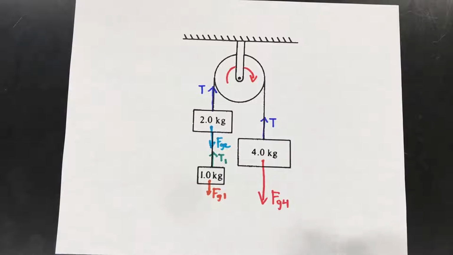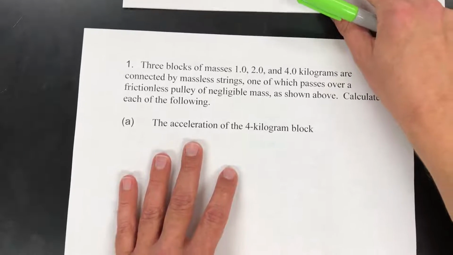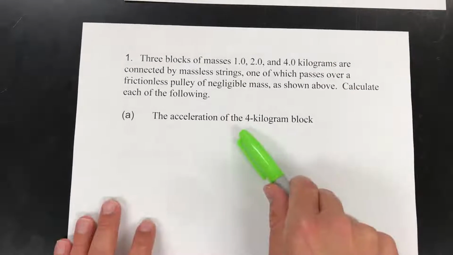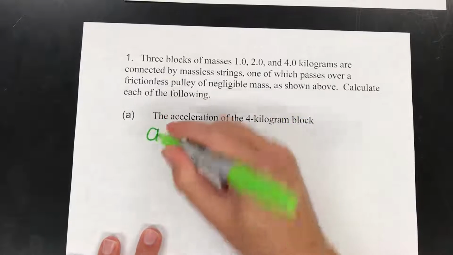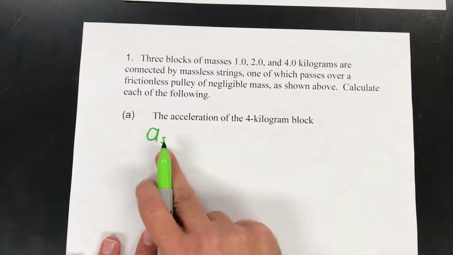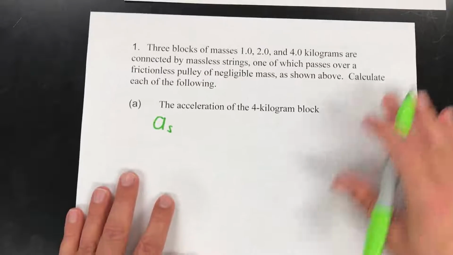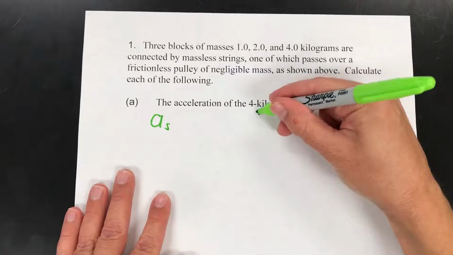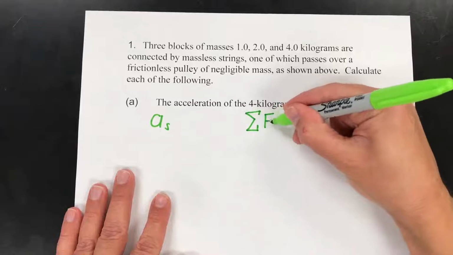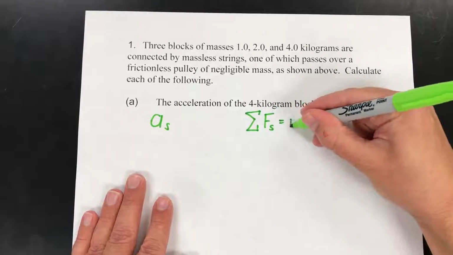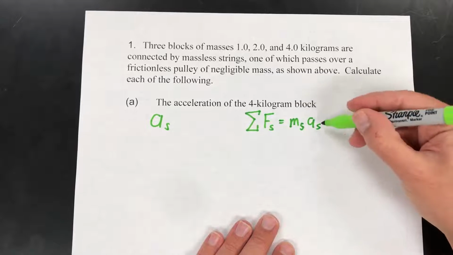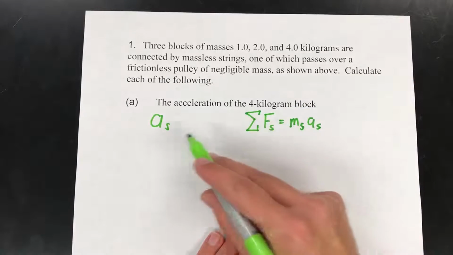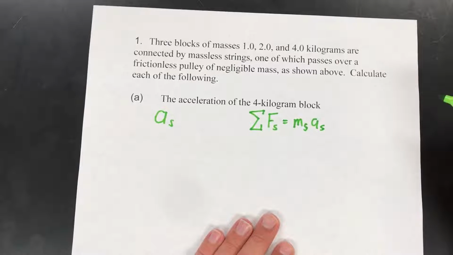So let's actually find the acceleration of the 4 kilogram block. They say they want the acceleration of the 4 kilogram block, but everything in the system is going to accelerate the same. So I am actually going to find the acceleration of the system. In order to do that, let's set up Newton's second law. The sum of the forces on the system is equal to the mass of the system times the acceleration of the system, and that acceleration of the system will be the acceleration of block 4.